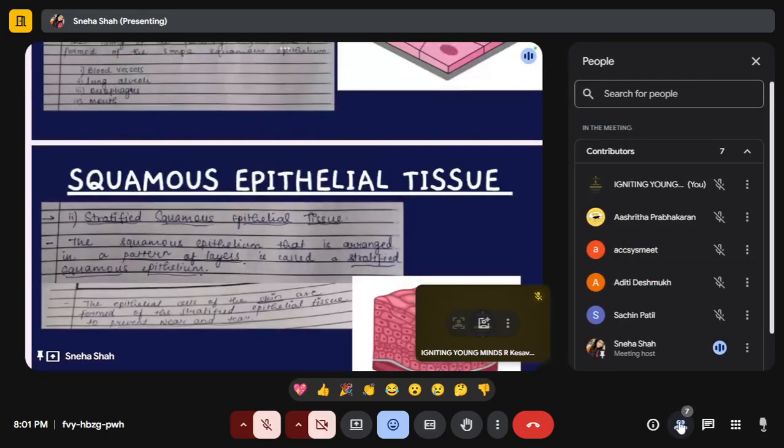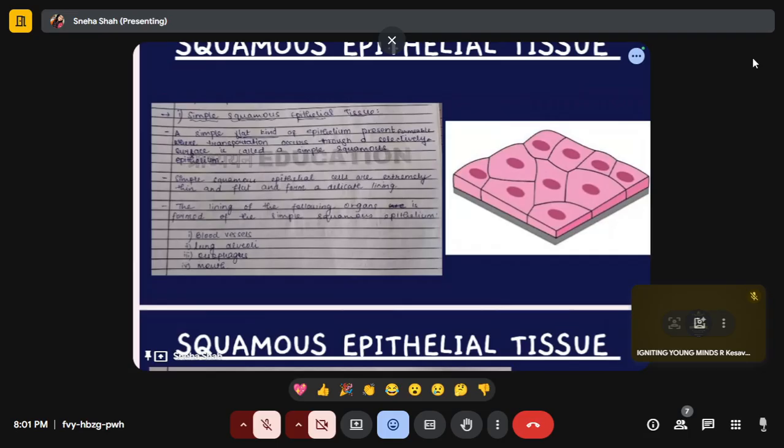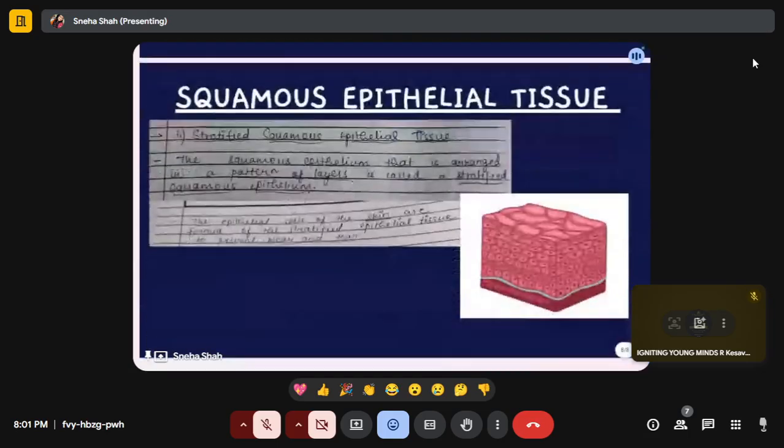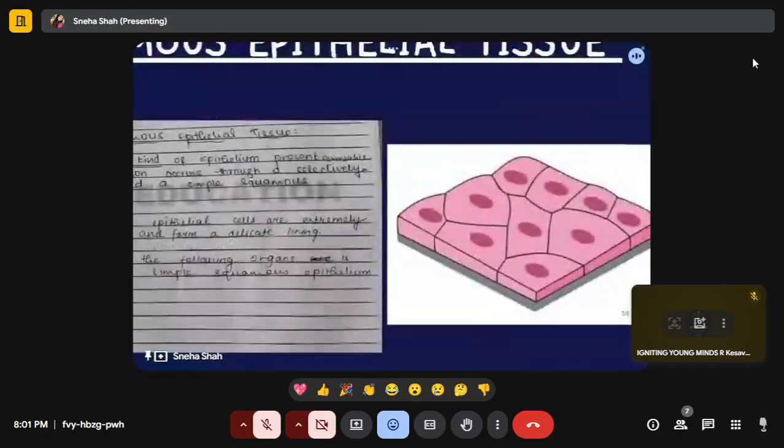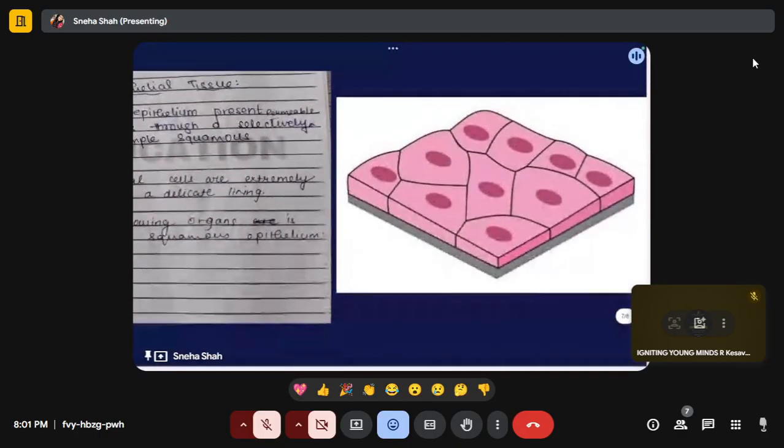So note down what you have to do for today. I have deliberately not used labeled diagrams of these two tissues. What I want from you is a deeply labeled diagram of a simple squamous epithelial tissue and stratified squamous epithelial tissue. Please note this down.